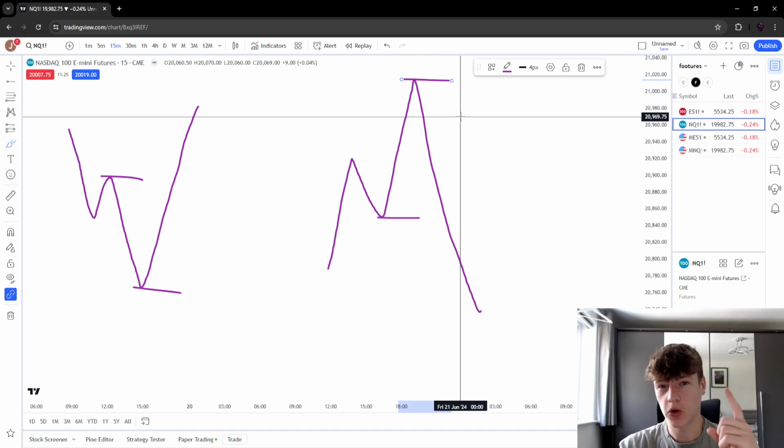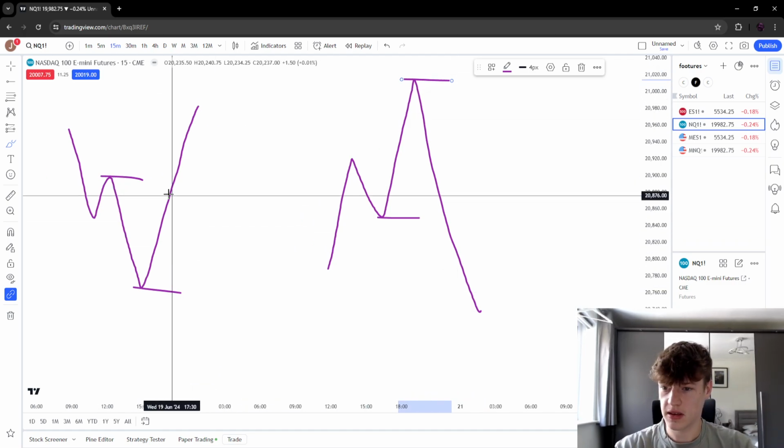Typically, there's only one order block because some people mark out order blocks as every retracement, but typically for me, an order block only happens when there's a liquidity sweep. So there's only one order block per trend down or trend up.